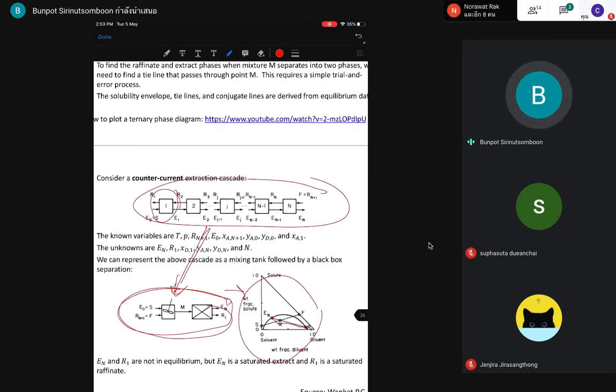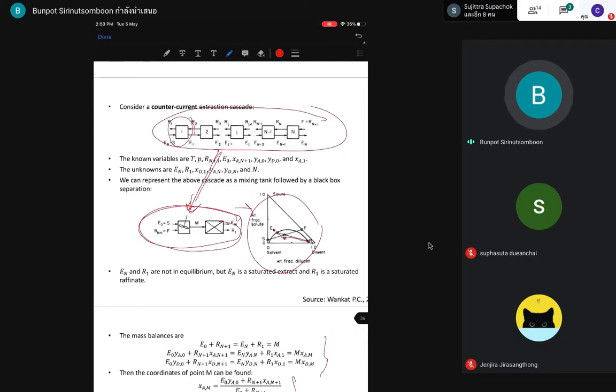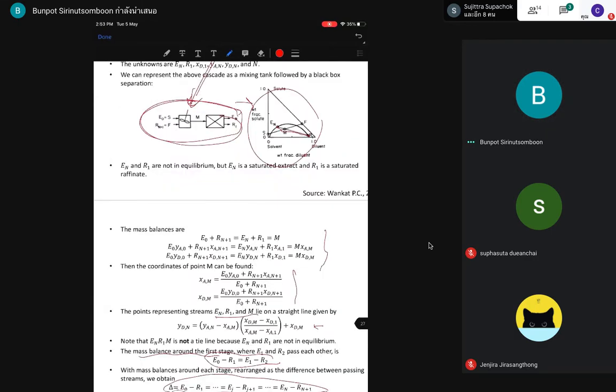It's an imaginary point. It happens when you draw the lines and they intersect with each other. Then from this you can derive these mass balances and equations to find the coordinate M.